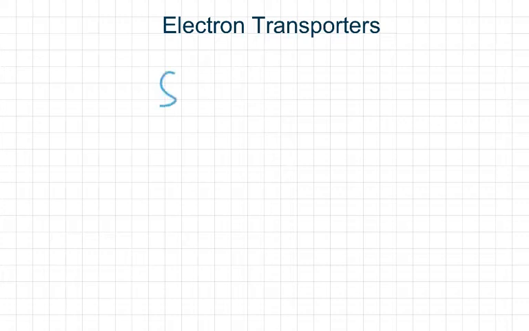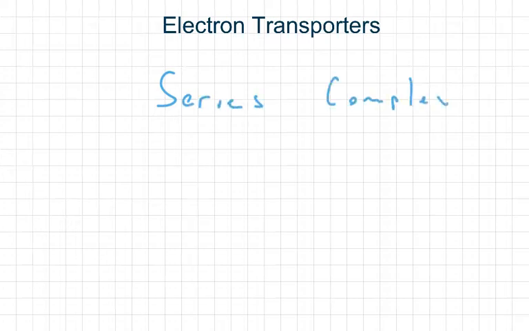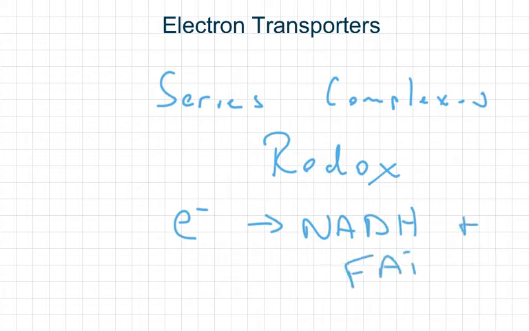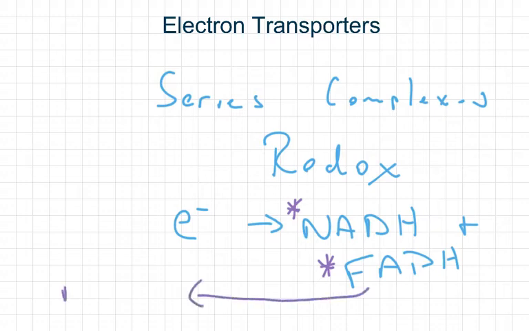What these are is a series of complexes found in the mitochondria of a cell that utilize redox reactions to strip electrons from the molecules of NADH and FADH. And these two transporters of NADH and FADH are important because they help provide the energy to create ATP at the end stage of oxidative phosphorylation. And we'll discuss this in more detail in the next video.